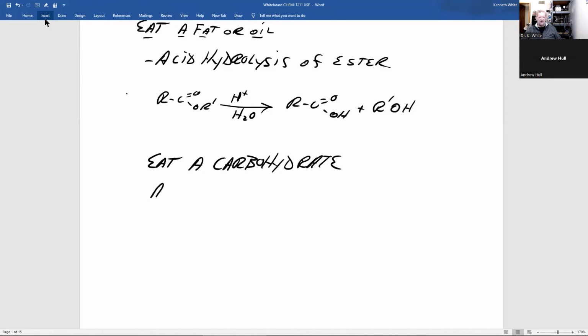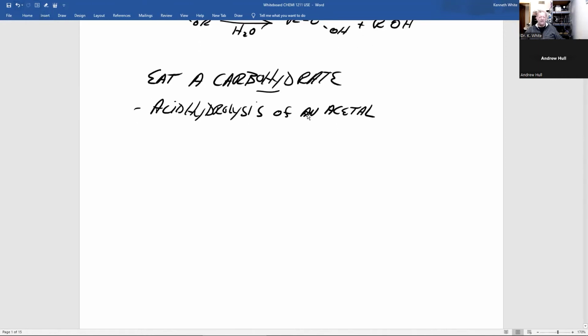Well, in your stomach, there's acid and water, and we call that acid hydrolysis. And what's the key functional group holding glucose together in carbohydrates? An acetal. And you should know that. Hint. And how do you draw the general reaction of acid hydrolysis of an acetal?